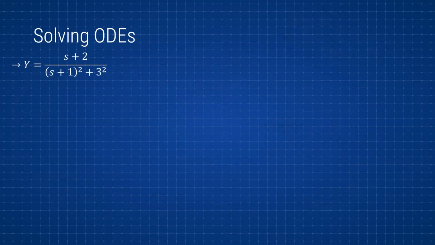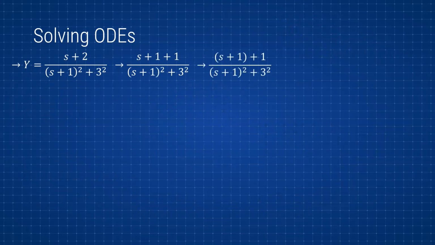Now, if I continue, you can see that I can split the top as well, to have s plus 1 plus 1, right? And then with this, I can just group it in parentheses. I want to find, of course, my y of t, so I will take the Laplace inverse of that. And you can see on this one that we have s plus 1 both on top and bottom.